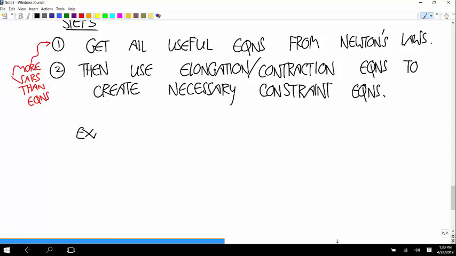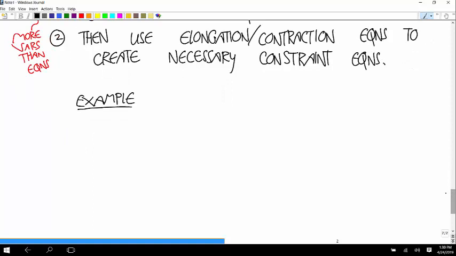Okay, so let me just do this as an example. Let's say we have a floor and a ceiling with a bar connected to both of them. And at the midpoint, we're applying a force of 20,000 newtons. And actually, let's move this away from the midpoint. It'll be more interesting. Let's move it down to a quarter of the way towards the floor.